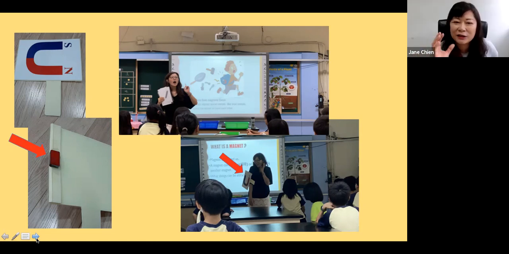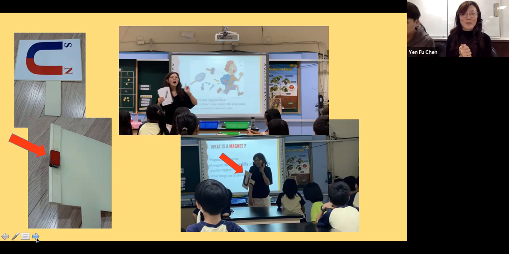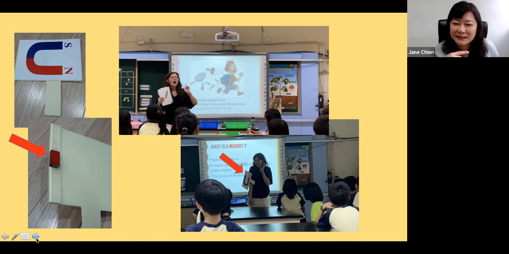It looks like it's made of iron and it's metal, but it's not attracted to it. Yeah. So I really like this activity where you try the magnet on different things. I remember one of the students tried out her glasses.